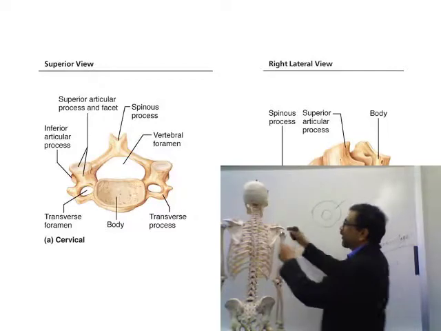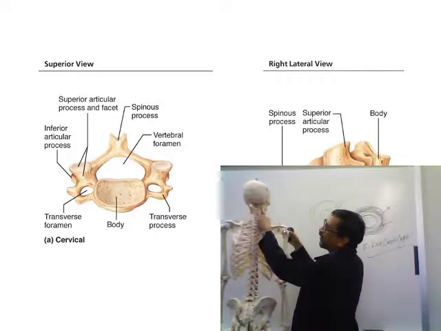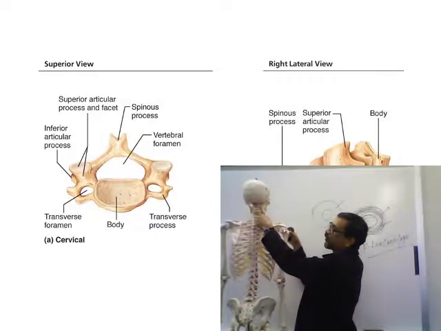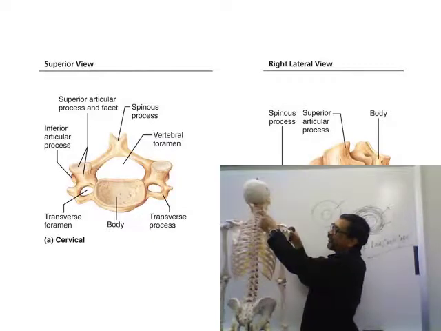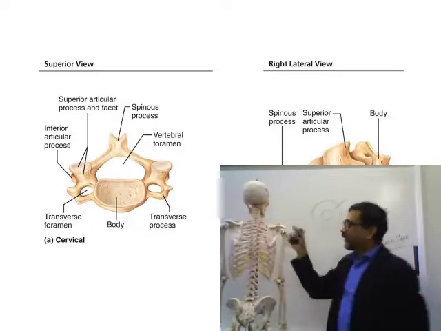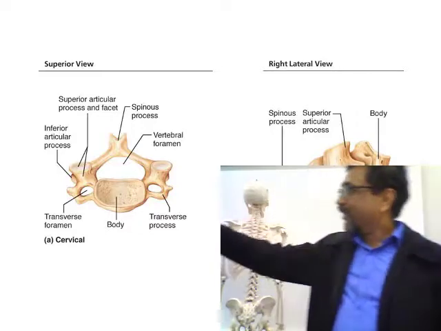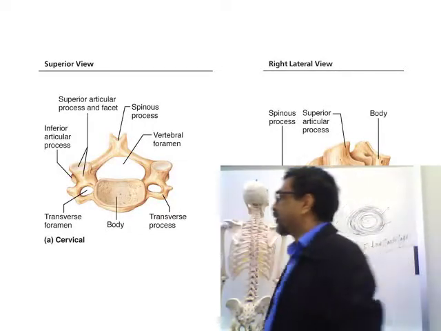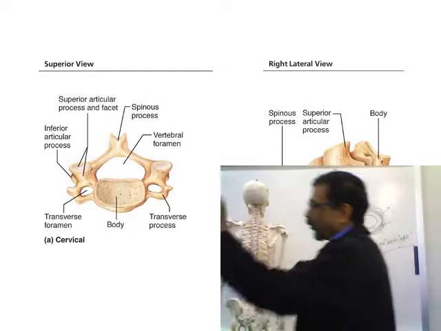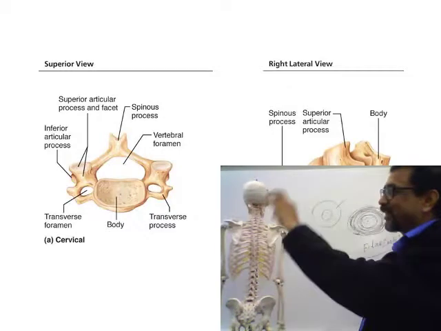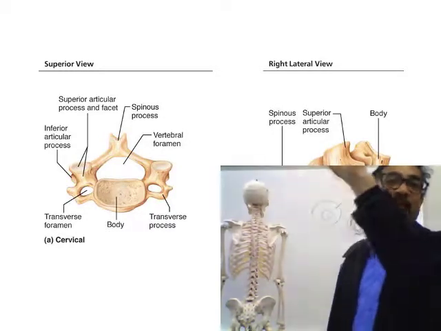Also you can probably see from here, the end of the spinous process is split. You see here, divided. So that is cervical. Make sense? And in the transverse processes, you have a transverse foramen opening. So if you see those two things, that is certainly a typical cervical vertebrae.